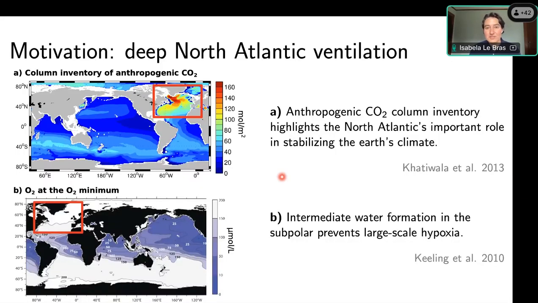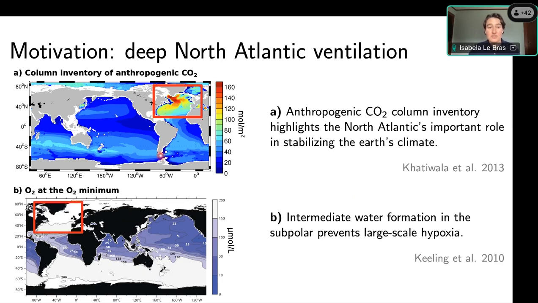So one motivation for really trying to understand the processes by which the deep North Atlantic is ventilated is that we think the North Atlantic plays this really important role in stabilizing the Earth's climate. If you look at the top panel, I'm showing the column inventory of anthropogenic CO2 in the North Atlantic, and particularly the pathways of intermediate water spreading emerge as this hotspot for anthropogenic CO2 spreading into the deep ocean and storage.